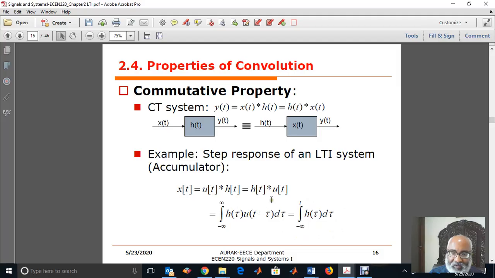In this case, the one which will flip and slide is u of t. In the other case, the one which will flip and slide is h of t.